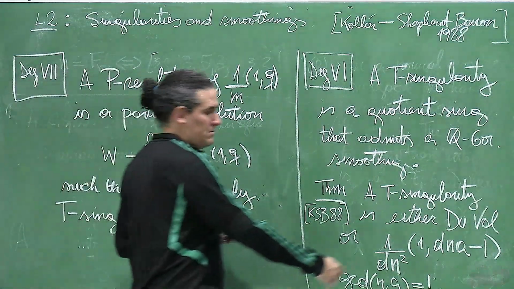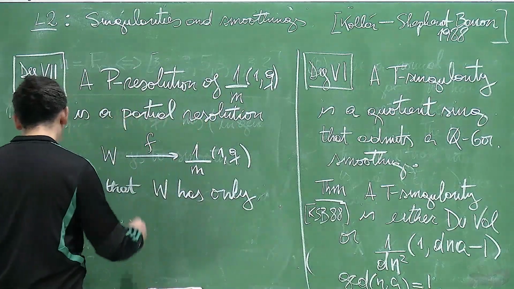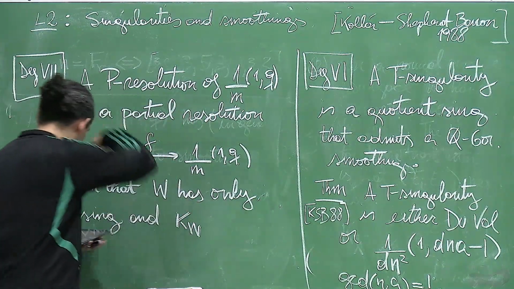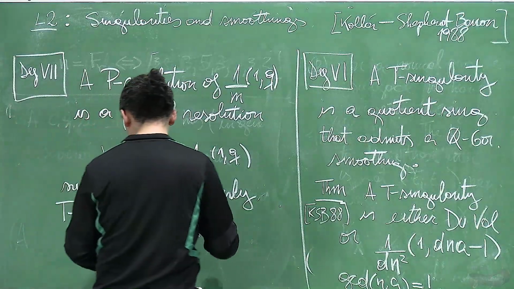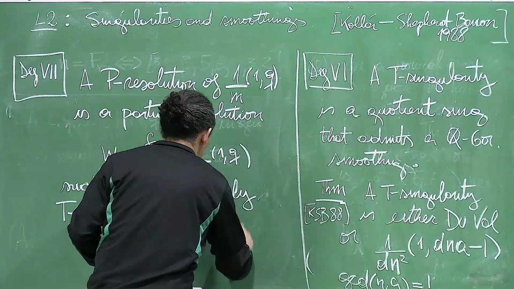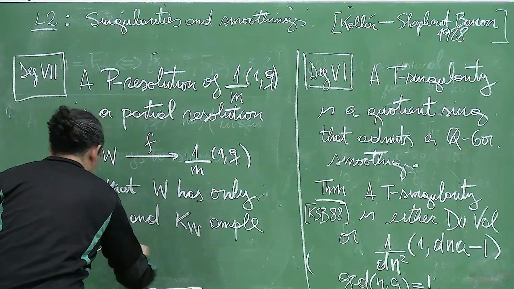And here you include then Duval and these other ones. And the canonical class of W is ample relative to F.